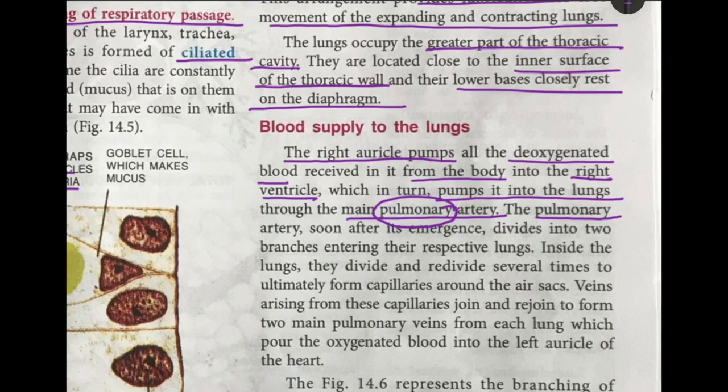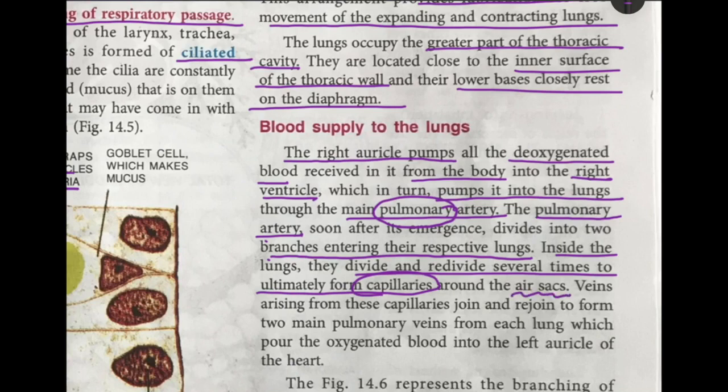The pulmonary artery, after it emerges, divides into 2 and goes into the 2 lungs. The pulmonary artery carries deoxygenated blood from the right ventricle to the lungs. Inside the lungs, they divide and redivide several times to form capillaries, the smallest blood vessels, around the air sacs.